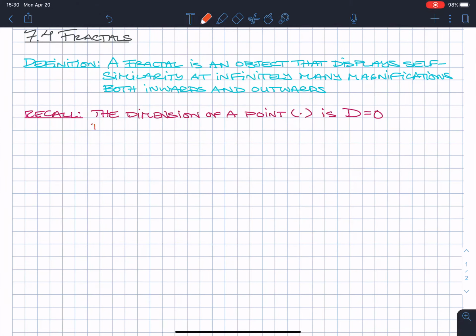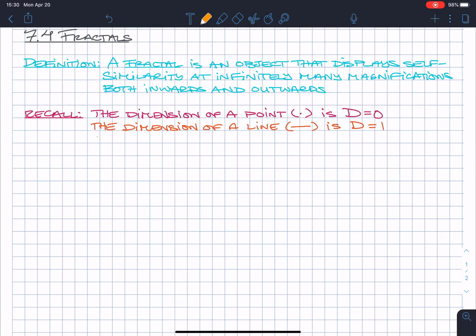Next, the dimension of a line, in which you can move back and forth, is d equals 1.